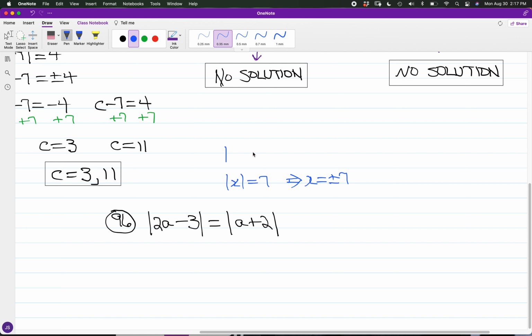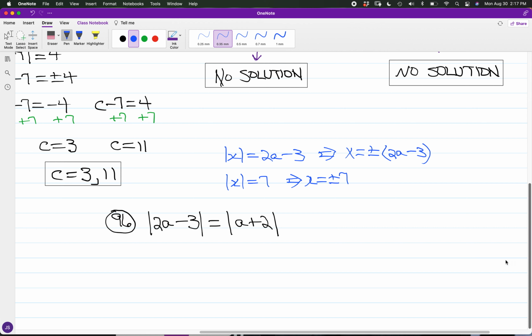On a parallel course, if I have the absolute value of x equal to 2a minus 3, x could be equal to plus or minus the quantity of 2a minus 3.